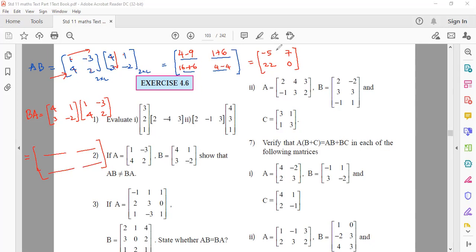Now fill it up yourself. Sleeping versus standing, remember this. First with first, second with second: 4 plus 4. Sleeping versus standing: minus 12 plus 2.